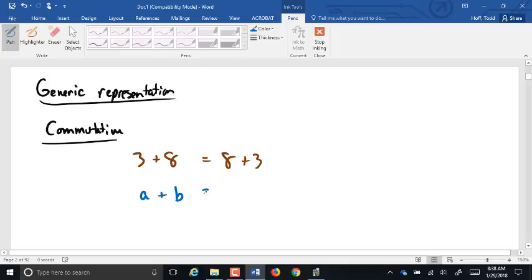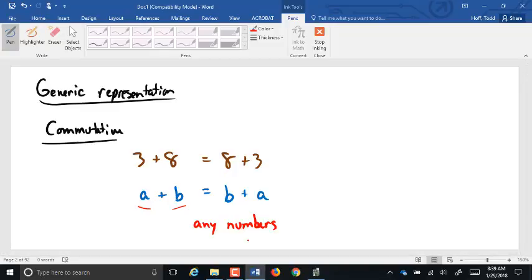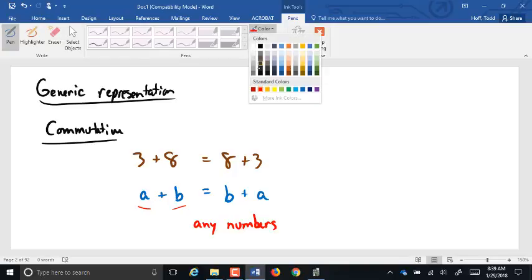A plus B is equal to B plus A. In this case, A and B can equal any number. So that's why this is a generic representation, because it can be literally anything that can be represented by those variables.